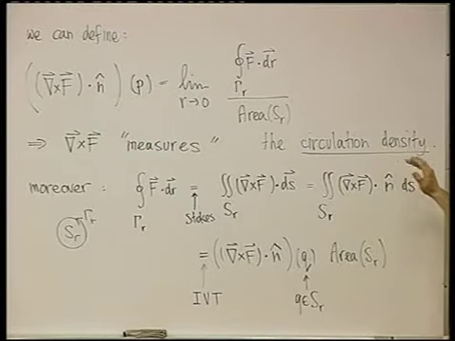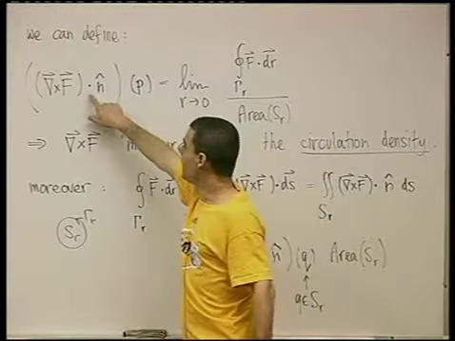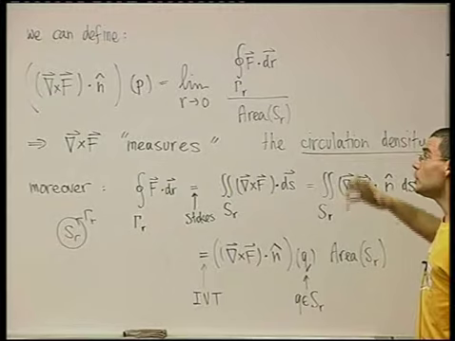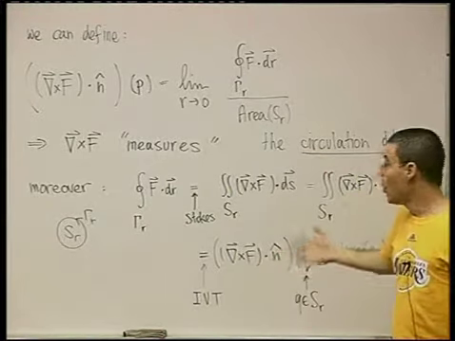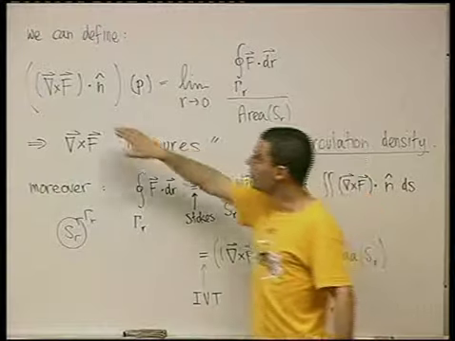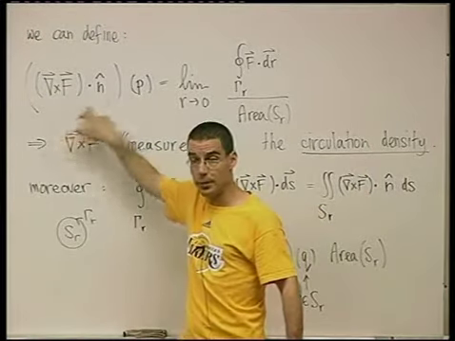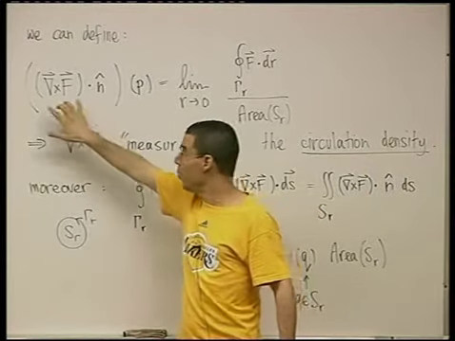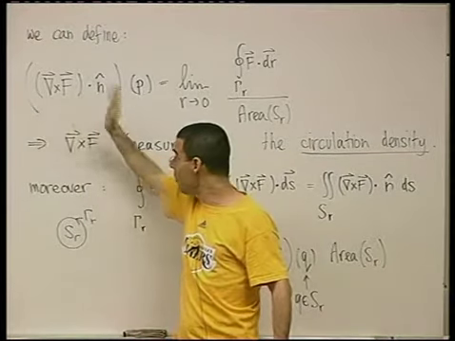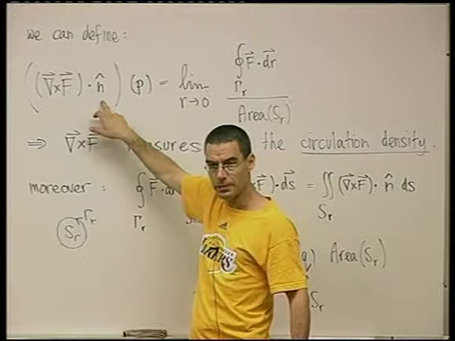Okay? And moreover, remember that we're dotting with the normal. So if you look at your field, when is the circulation going to be the greatest? When is this dot product going to be the greatest? When this vector, the curl, is parallel to the normal, right?